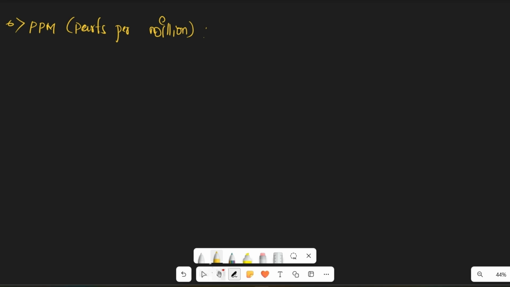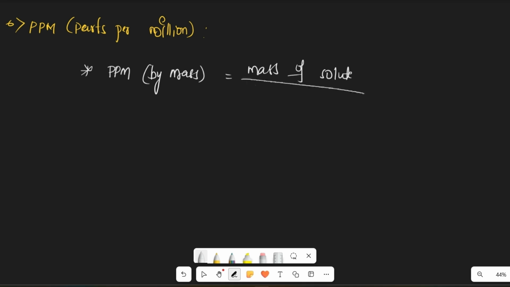Generally there are three types of formulas. ppm by mass will be mass of solute in grams, and in the denominator, mass of solution should also be in grams, and we multiply with a factor of 10 power 6, not 100.